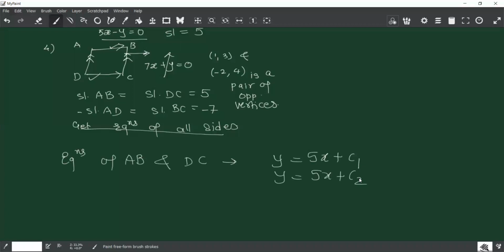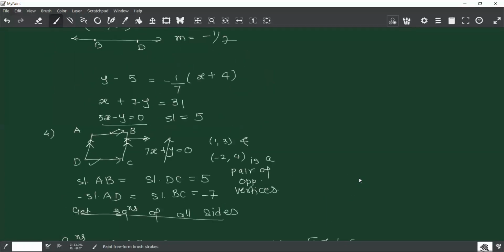You want me to repeat the question? Okay, I will. ABCD is a parallelogram. One pair of parallel sides, जैसे मैंने AB and CD लिया, they are parallel to 5x minus y is equal to 0. Other pair of parallel sides, AD and BC, are parallel to 7x plus y is equal to 0.